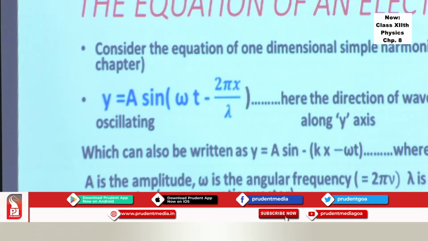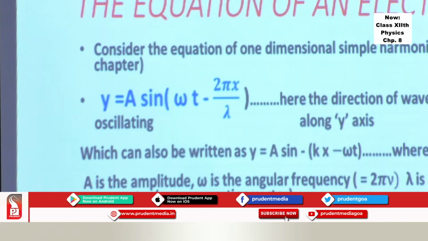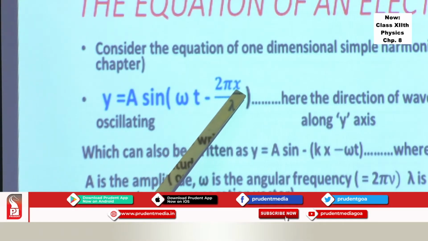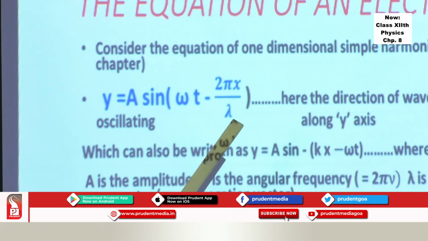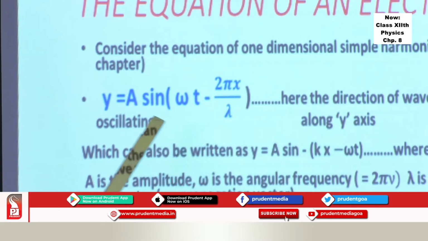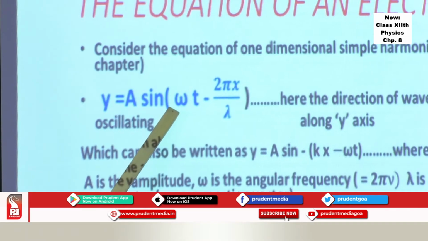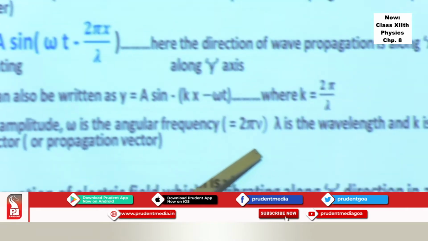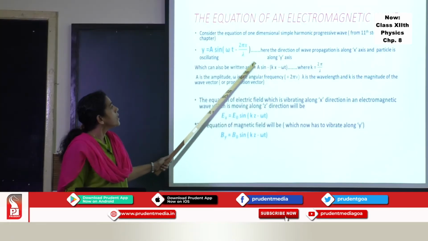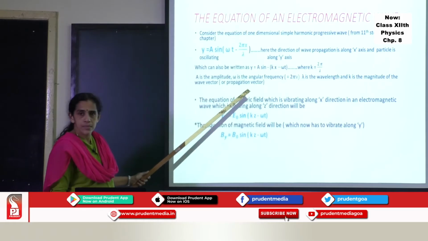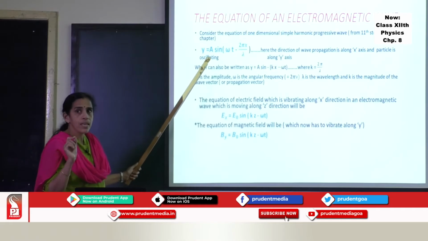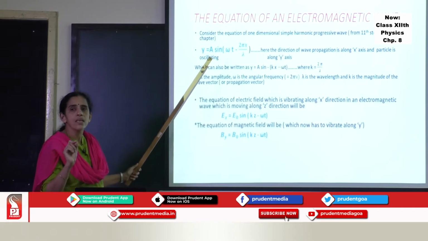Here y is the displacement of a particle at any instant t, at any distance x from the origin. Omega is the angular frequency, which is 2 pi nu. Nu is the frequency. Lambda is the wavelength. This is the expression for a simple harmonic one-dimensional progressive wave.